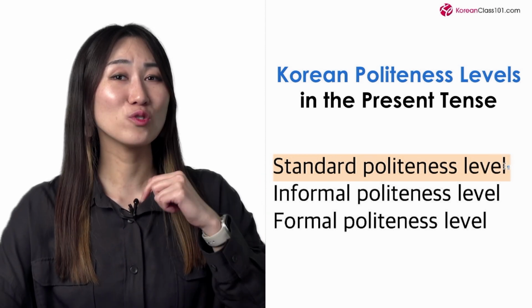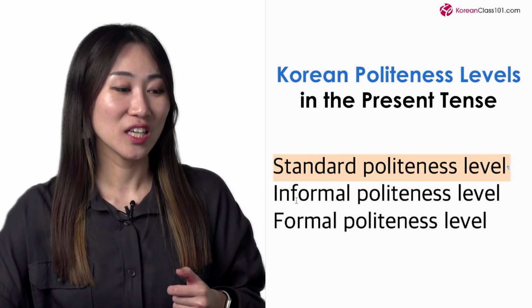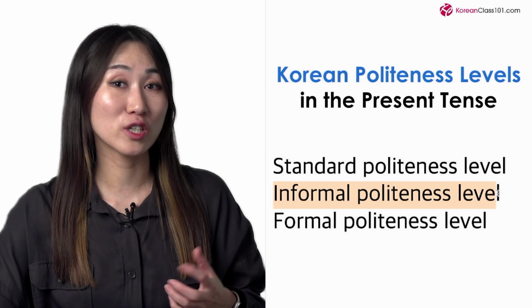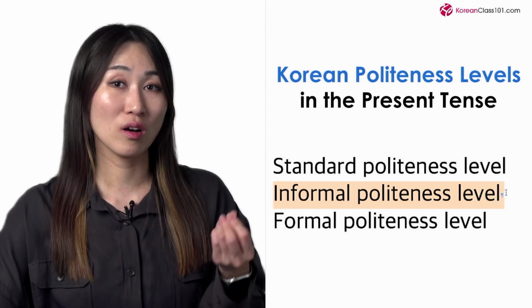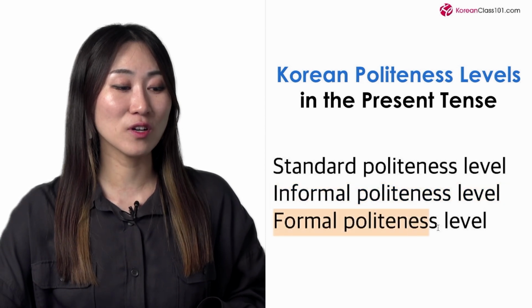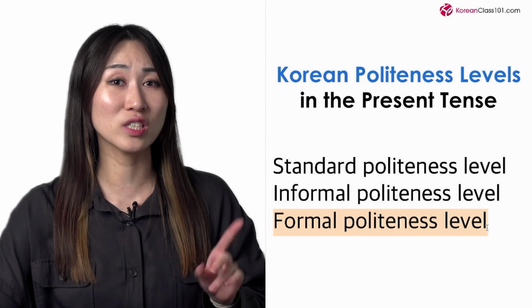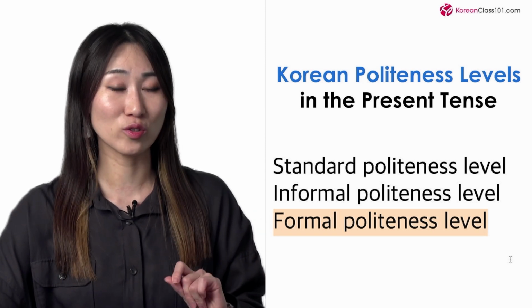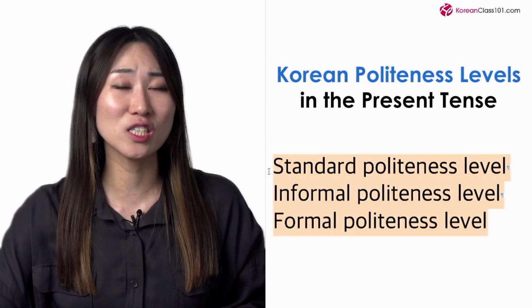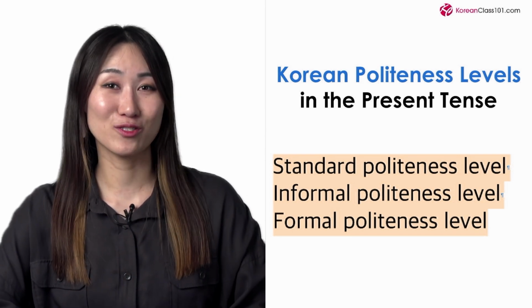And if you are young, if you are a student, the informal politeness level will be very useful, especially when you talk with your Korean friends. The formal politeness level is very important if you work in Korea. You can use this formal level with your boss. So how can you use these forms? Let's look at these levels together.